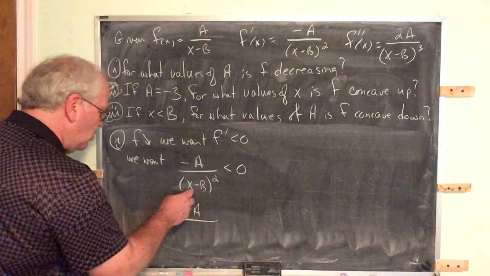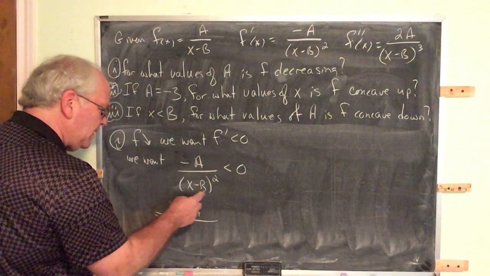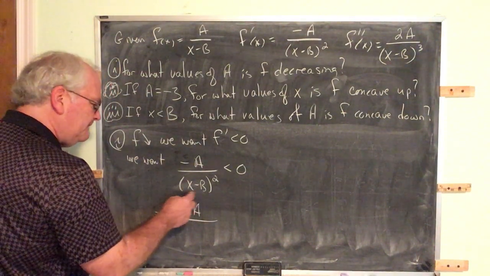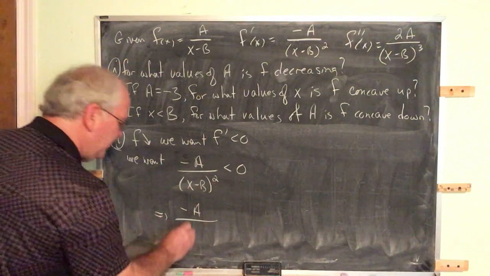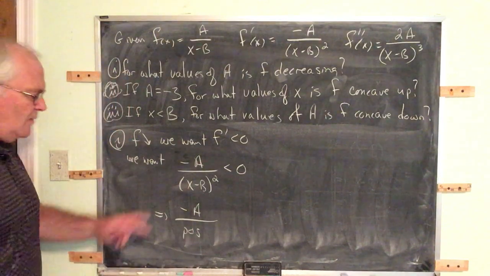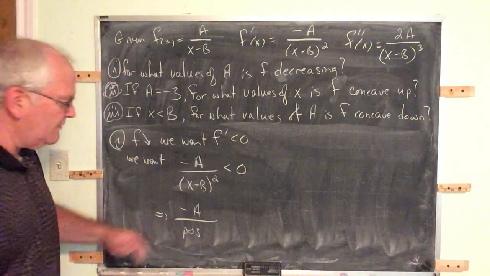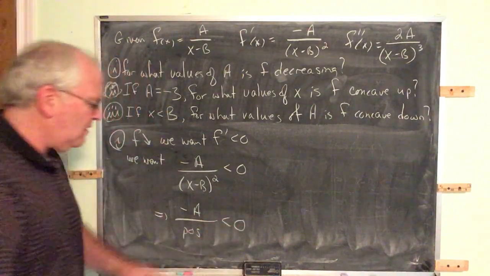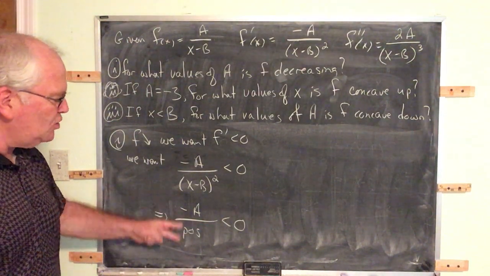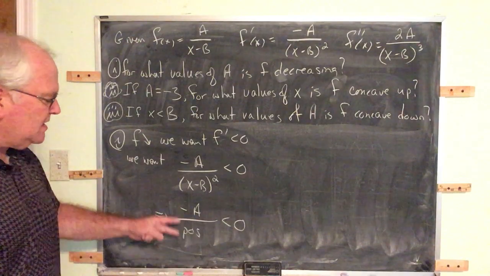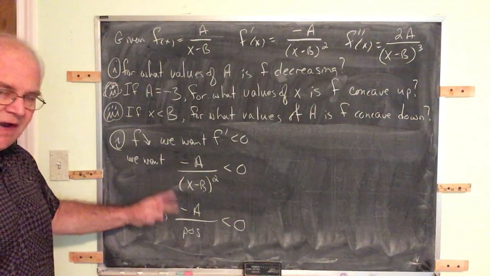But we do know this, no matter what happens down here, assuming this function is defined, this is getting squared in the denominator, so it is positive. So we have something divided by positive, and we want the answer to be less than 0, or a negative number. Well, when you divide and the answer is negative, it means if this is positive, this has to be negative, and vice versa.